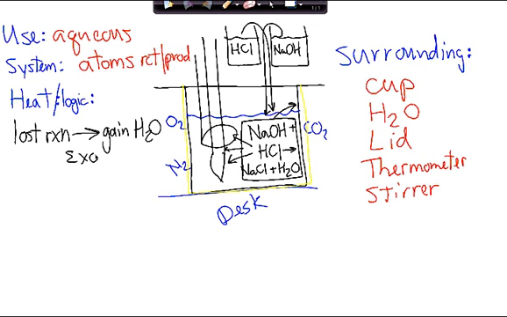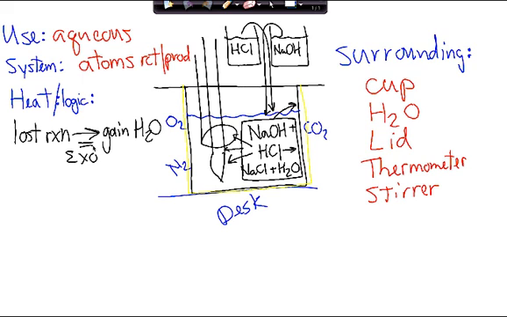But guys, what do we know about the amount of energy lost by the reaction and gained by the water? They're equal. Says who? First law of thermodynamics. Guys, that's the whole idea. Understanding that we really should account for the little bit of energy lost to the stirrer and things like that. But we are going to say that this is not only directional, we're going to say that it's equal.